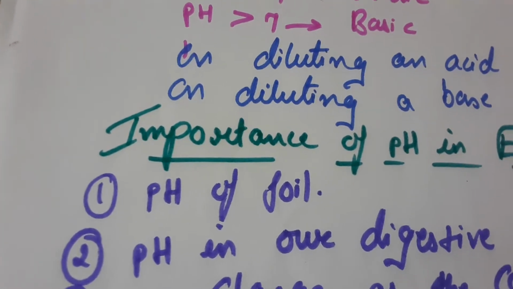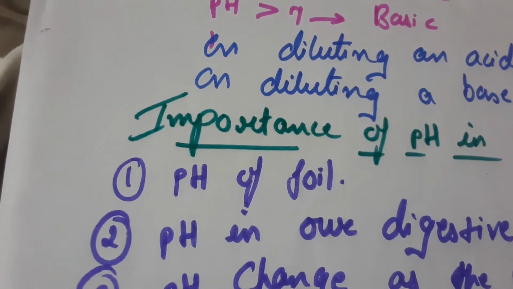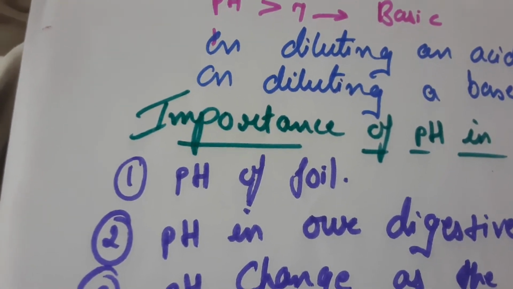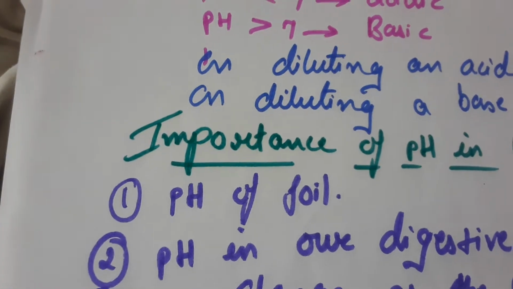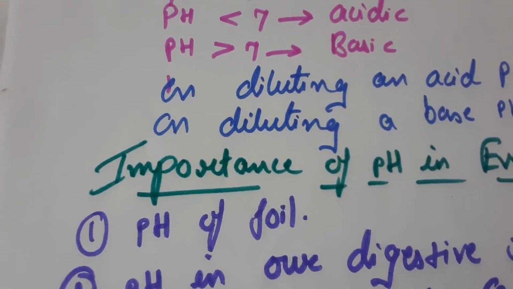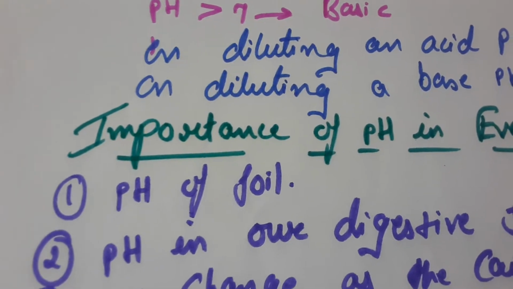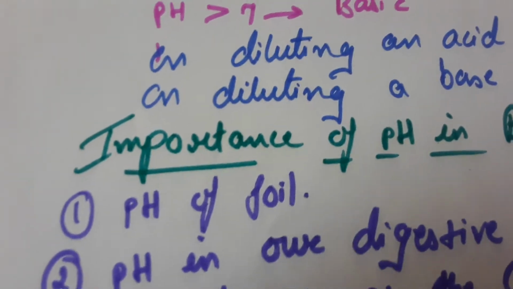You can note down which plants are growing in the region from which you collected the soil. So the pH of the soil can be known. That is the first importance of pH.